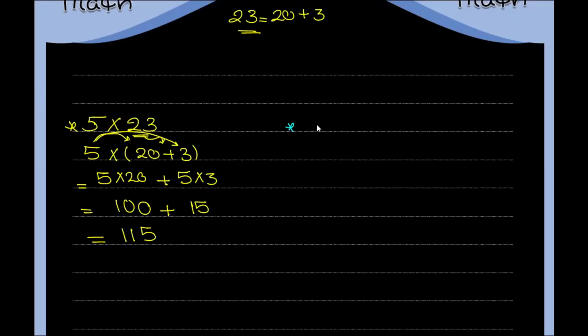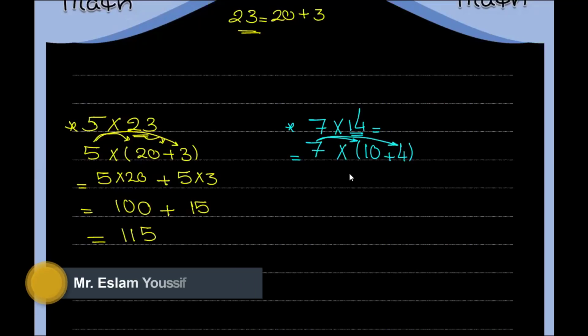Again for this one. I need to multiply 7 times 14. How can we multiply that? Just 7 without any change, then times. What is the expanded form for 14? Which is 10 plus 4. After that, by using the distributive property, I will just multiply 7 times 10, then 7 times 4.